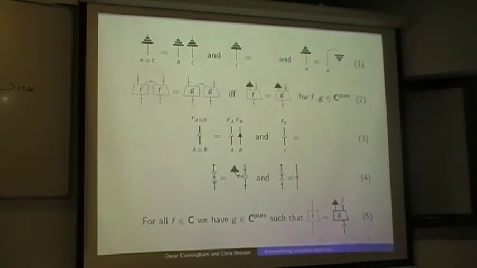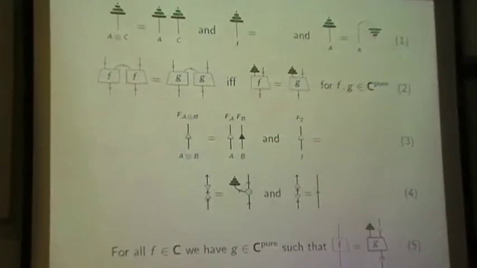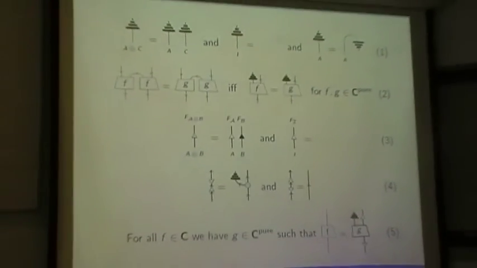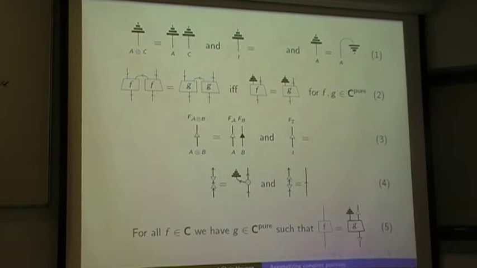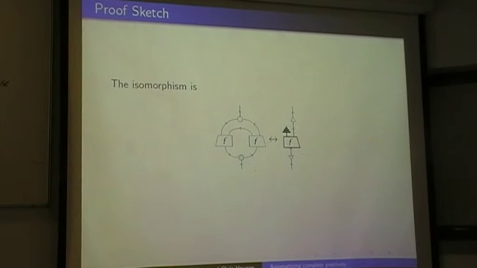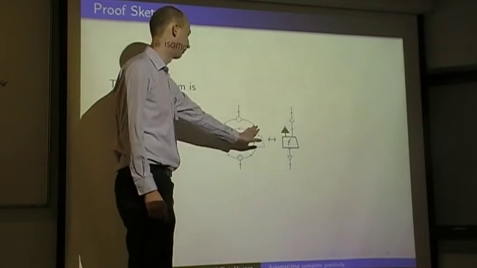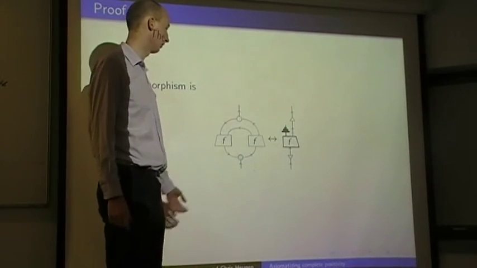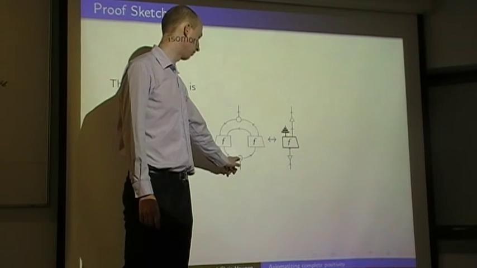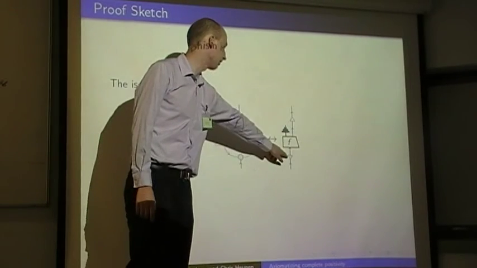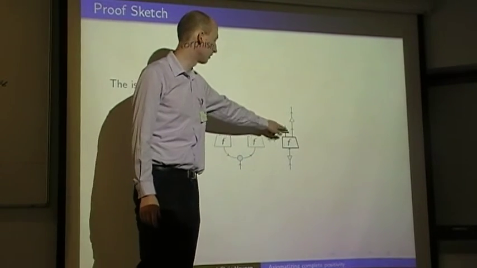And so again, everything has a purification. You can write those just in terms of a pure map between two quantum systems. And again, the isomorphism is this sort of folding in half thing. When you fold in half, this dot becomes this arrow, and this dot becomes this one.